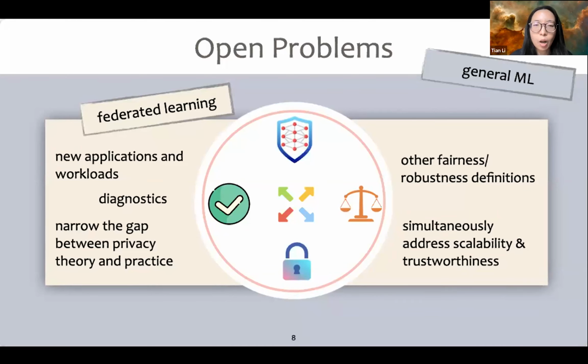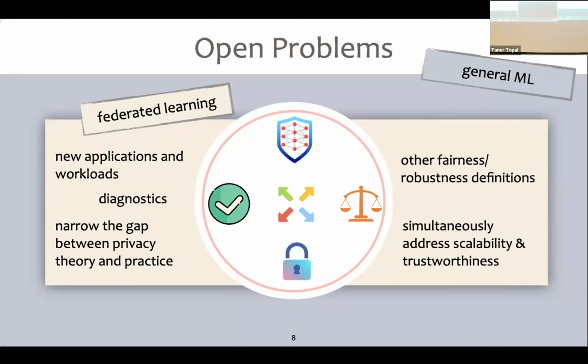Oftentimes that is used not only in federated learning, but also in other domains for efficiency purposes, because we can have a very small output from a potentially very large gradient. But then because that process is randomized, I think the additional noise introduced can have privacy benefits if we can understand that.